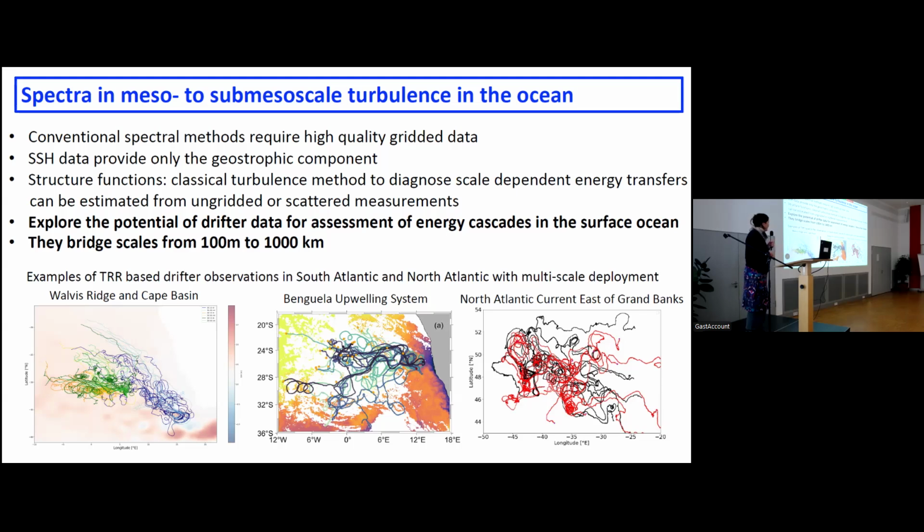And so what we have actually are different data sets of surface drifters, and I'm showing the examples below, that were deployed during our Transregio project. So we have drifters deployed in the Southern Ocean, here in Walvis Ridge and Cape Basin regions, then a data set from the Benguela upwelling region, and then there are also some that we deployed in the North Atlantic current.